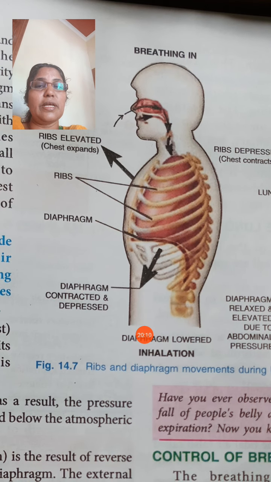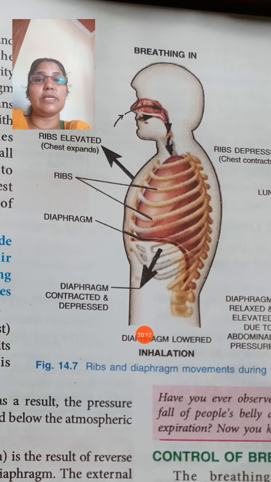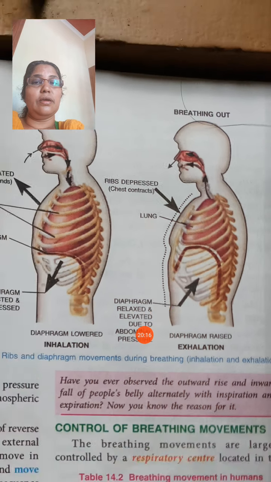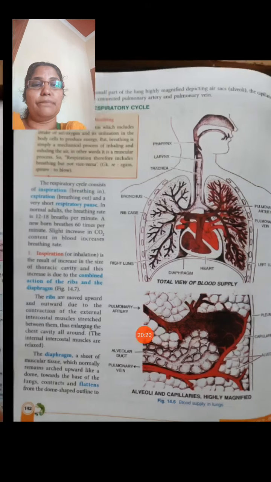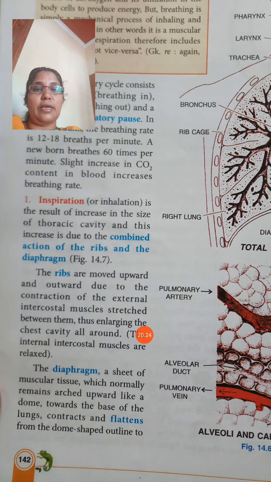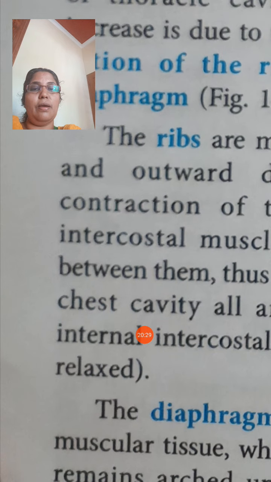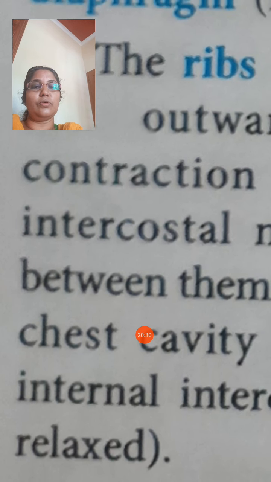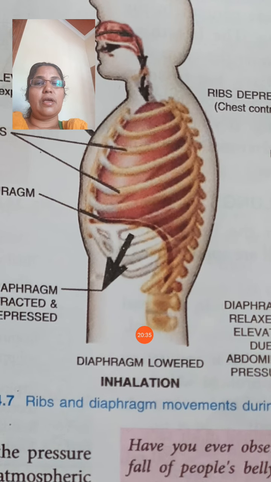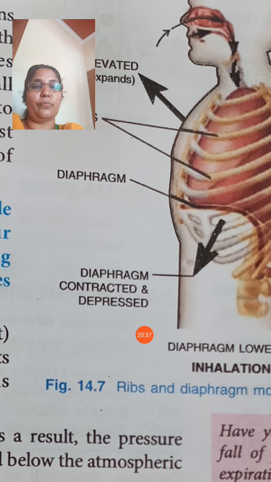In between the ribs there are particular muscles known as intercostal muscles. You can see the intercostal muscles between the ribs, and the diaphragm also.